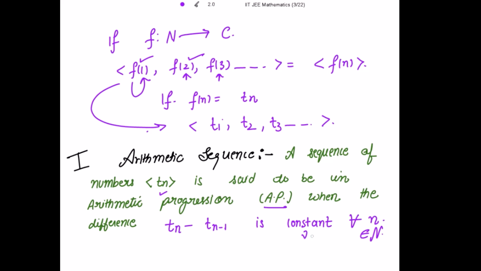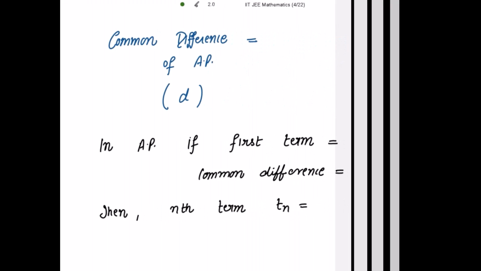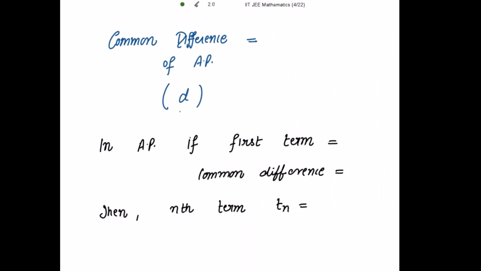So this constant is called the common difference of the AP, the arithmetic progression, right? So if I take the common difference, that is denoted by d, it is equal to tn minus tn minus 1.